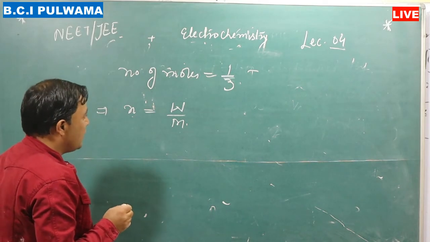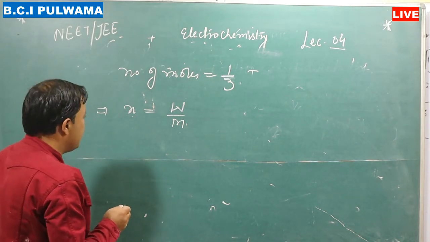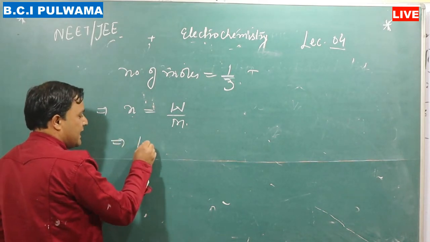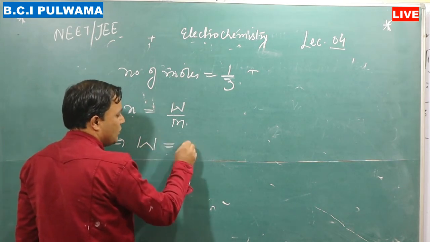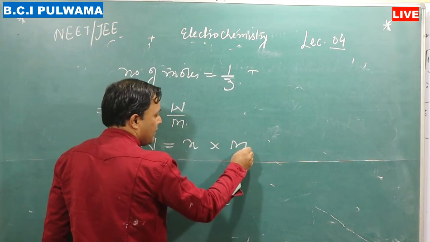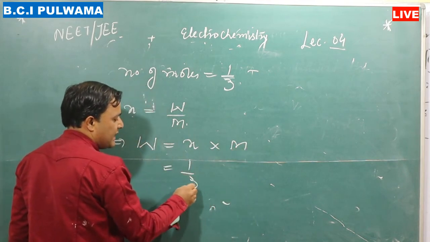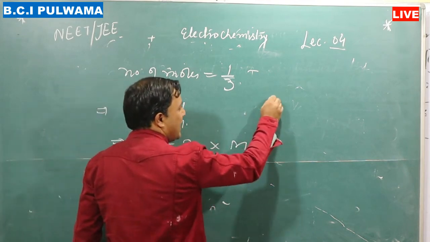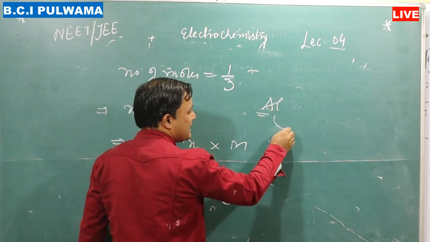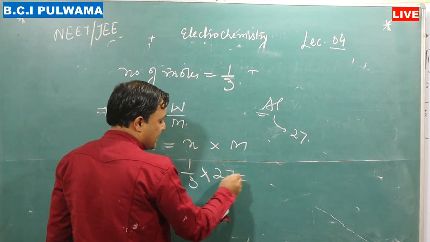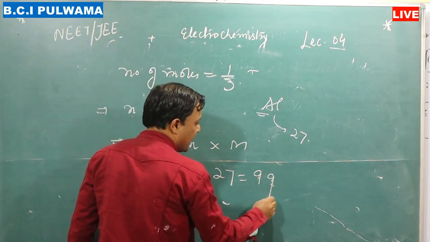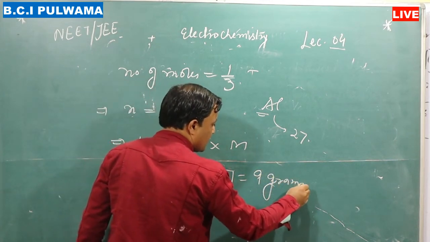For aluminum, the gram atomic mass is 27 grams. So mass is 1 by 3 multiplied by 27, which comes out to be 9 grams.